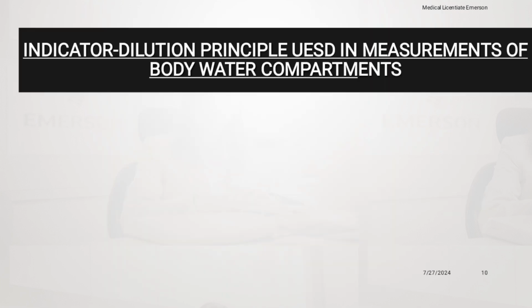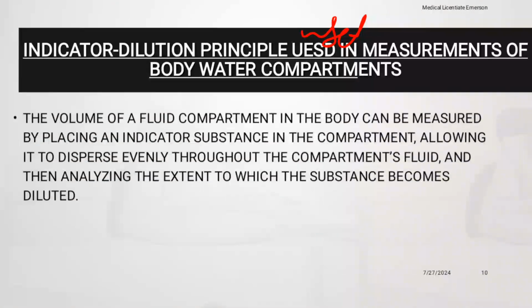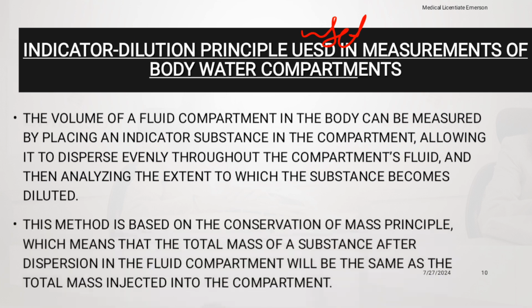Okay. Then the indicator dilution principle is used in measurements of the body fluid compartments. The volume of a fluid compartment in the body can be measured by placing an indicator substance in the compartment, allowing it to disperse evenly throughout the compartment's fluid, and then analyzing the extent to which the substance becomes diluted.